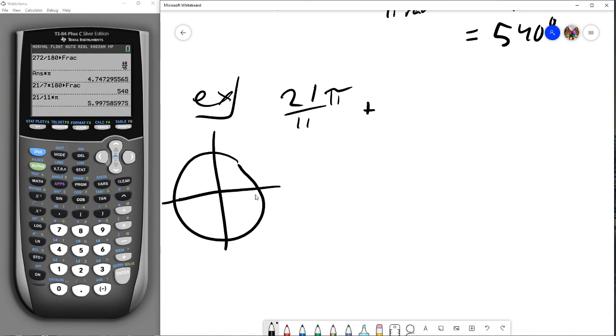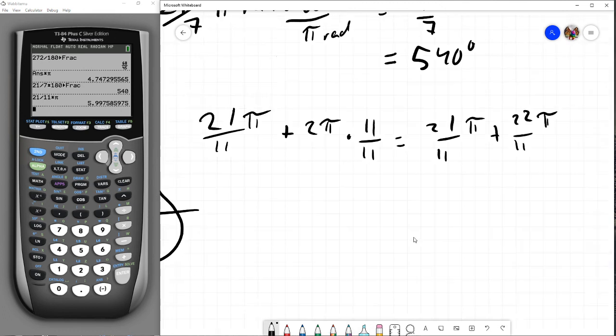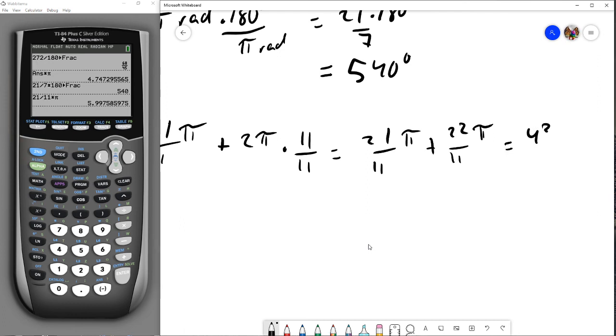So to find a coterminal angle, I can just simply add 2 pi. But to add 2 pi correctly, I need to get a common denominator, so I'm going to multiply by 11 over 11. So what we get is 22 over 11 pi. So we have our 21 over 11 pi plus 22 over 11 pi. When we add that together, that's going to give us 43 over 11 pi.